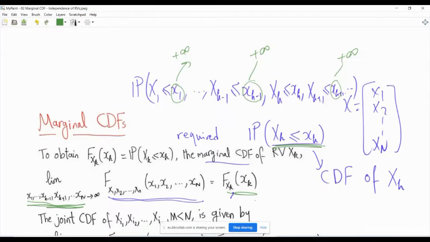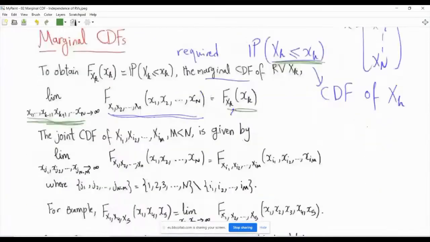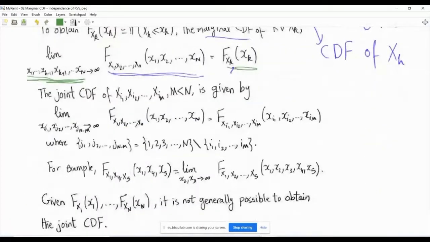You can generalize this idea if you are interested in the joint CDF of not just one, but a subset of those random variables. Suppose you are interested in obtaining the CDF of Xi1, Xi2, up to Xim, a selection of random variables from the random vector.